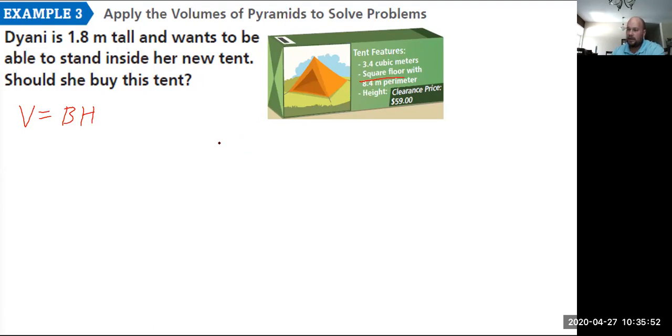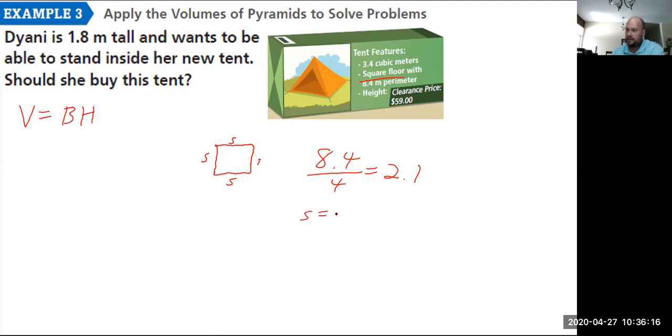If we know what a square looks like, all the sides have the same length. So if I take the perimeter, which was 8.4, and divide it evenly by 4, that gives us 2.1 for each side.